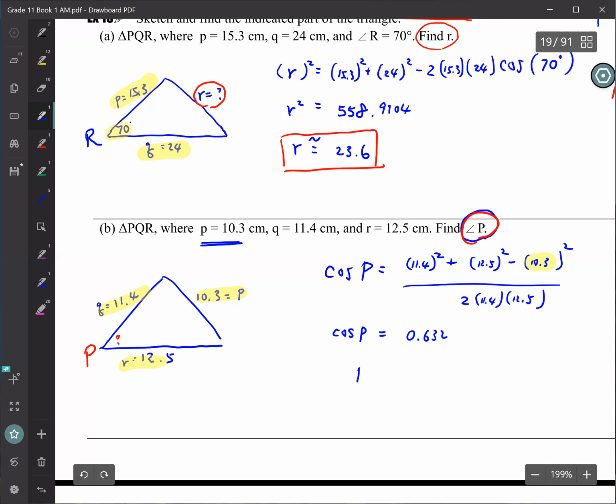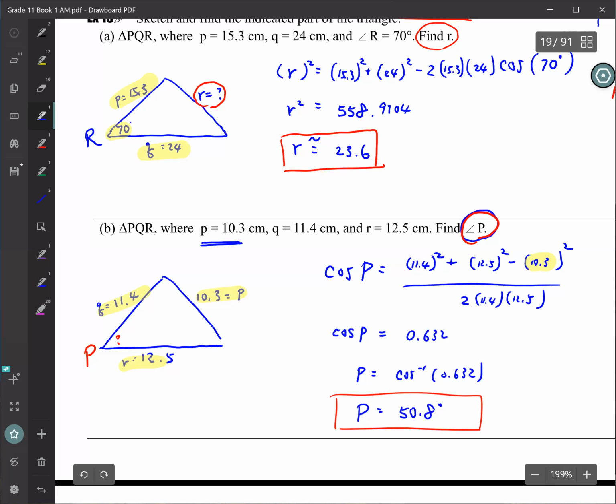And then to get angle P, we do the inverse cosine of 0.632. Okay, what do you have then, Brendan? I got 50.8. 50.8 is correct.